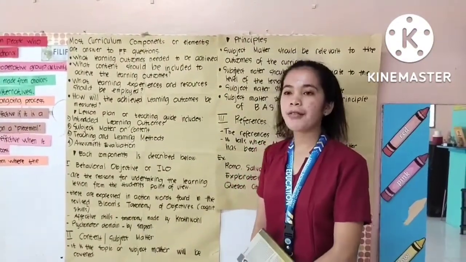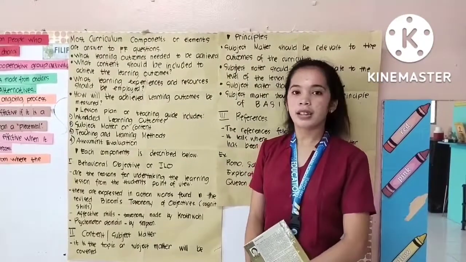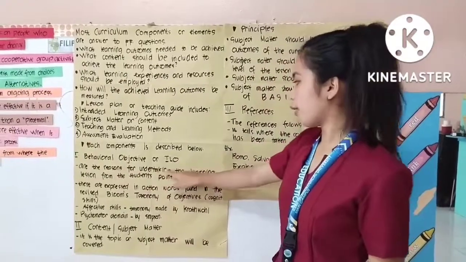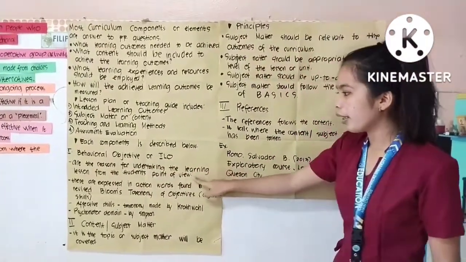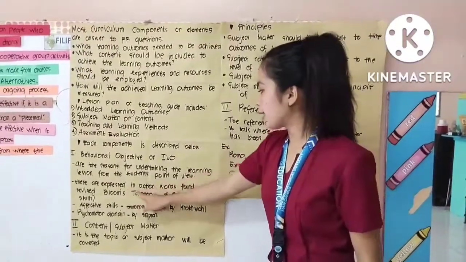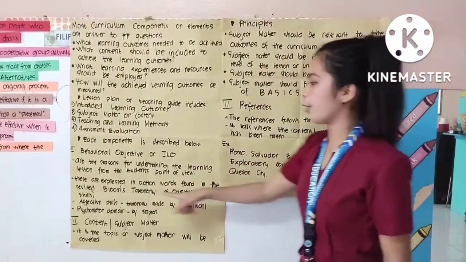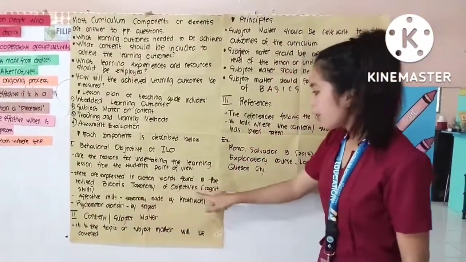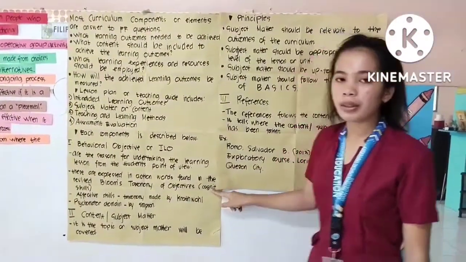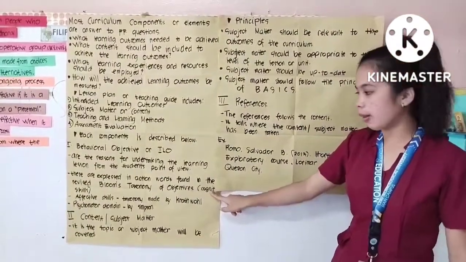Number 1, the behavioral objectives, or the intended learning outcomes. These are the reasons for undertaking the lesson from the student's point of view. These are expressed in action words found in the revised Bloom's taxonomy of objectives in cognitive skills. I know that we are so familiar with Bloom's taxonomy.